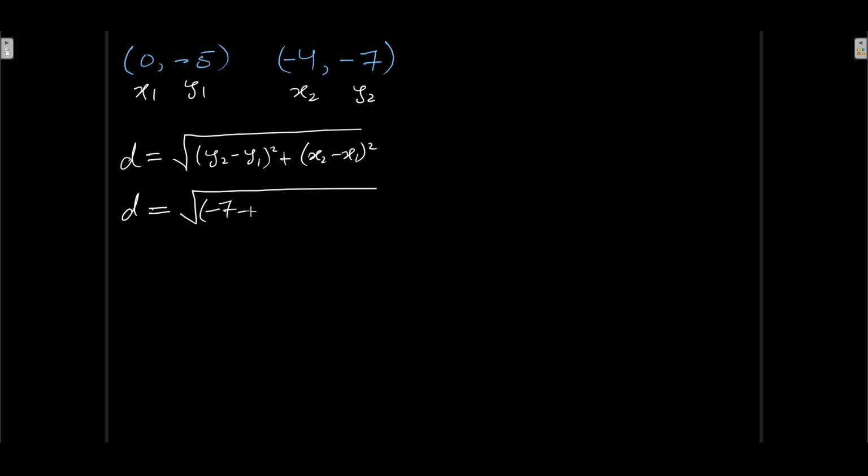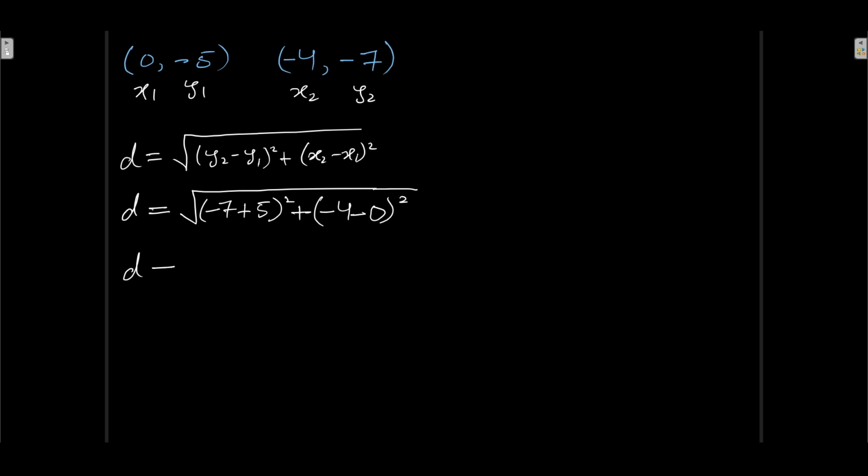But when I place a -5 over here, there is already a minus sign, so minus minus will become a plus. And I'll place a whole square plus the value of x2 is -4 minus the value of x1 is 0, and don't forget to put the square.